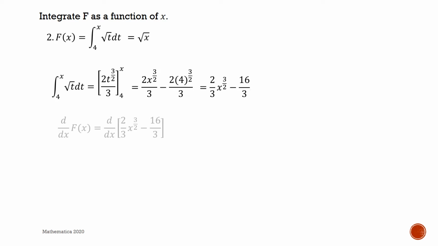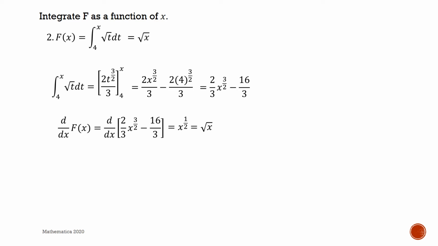Now, I need to find the derivative of what I just found. So we're going to find the derivative of this, and I end up with x to the 1/2, and we know that x to the 1/2 is simply the square root of x. So all of this work is simply replaced by doing a direct substitution, whereby we change variable t with variable x.